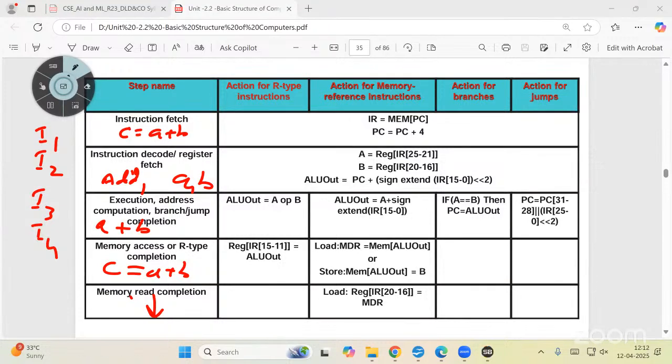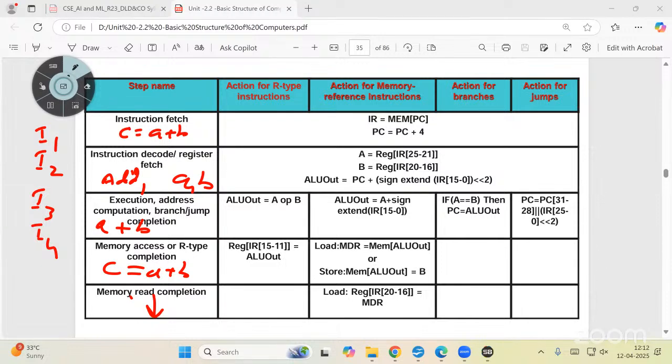10 seconds. Fetching 2 seconds, decode 2 seconds, executing 2 seconds, writing 2 seconds, reading 2 seconds. Total 10 seconds for the first instruction.